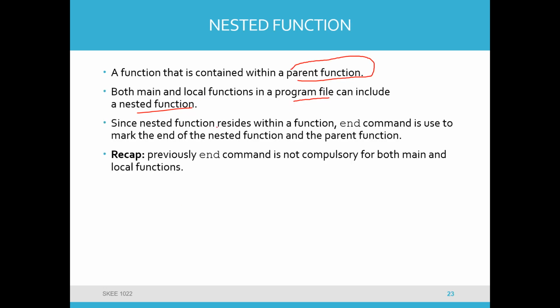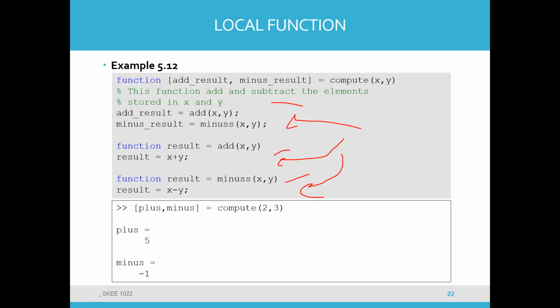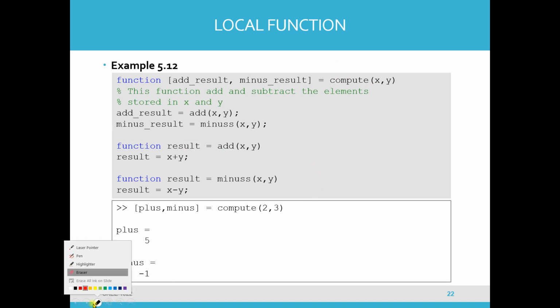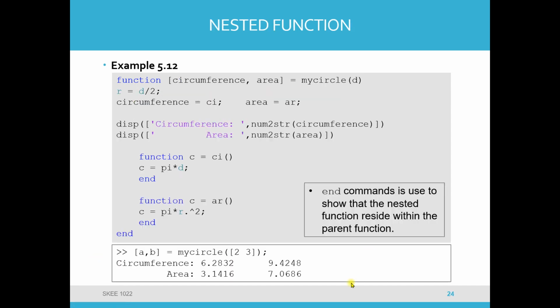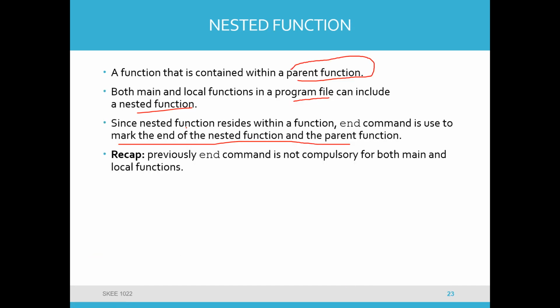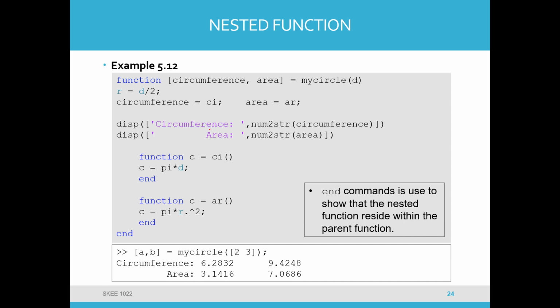Since the nested function resides within the function, the end command is used to mark the end of a nested function. So basically, let me use this. You have a function inside a function. You can see here, this is the main function because it is the first one, and this is the end of the main function.